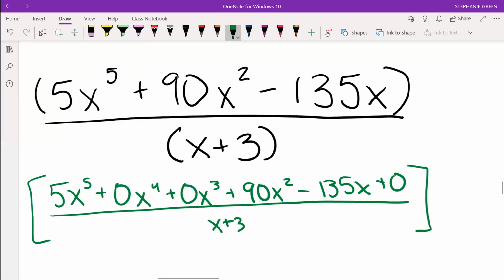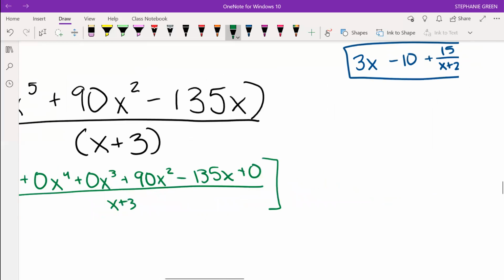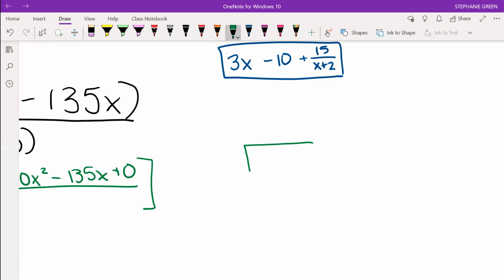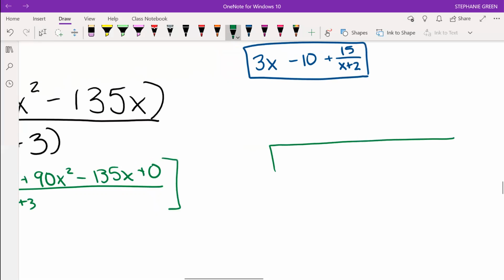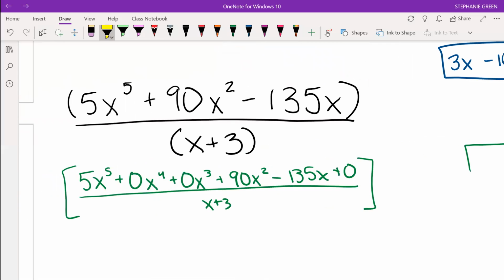So let's go ahead and do this problem now. I'm going to draw my division bracket, and underneath my bracket, I'm going to put the coefficients of my dividend, which are 5, 0, 0, 90, negative 135, and 0.